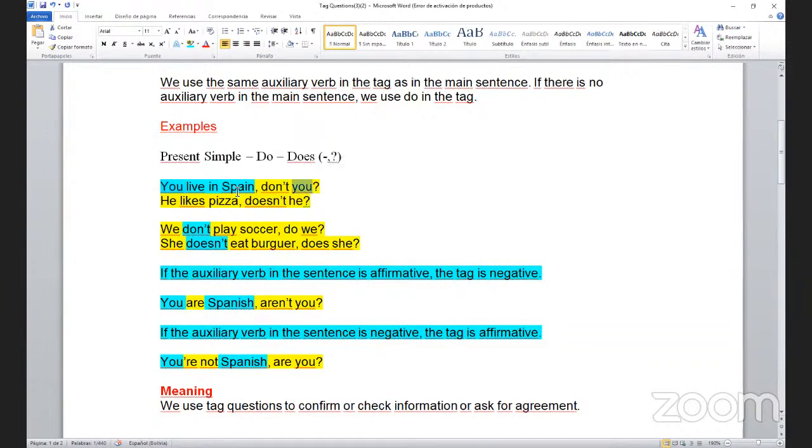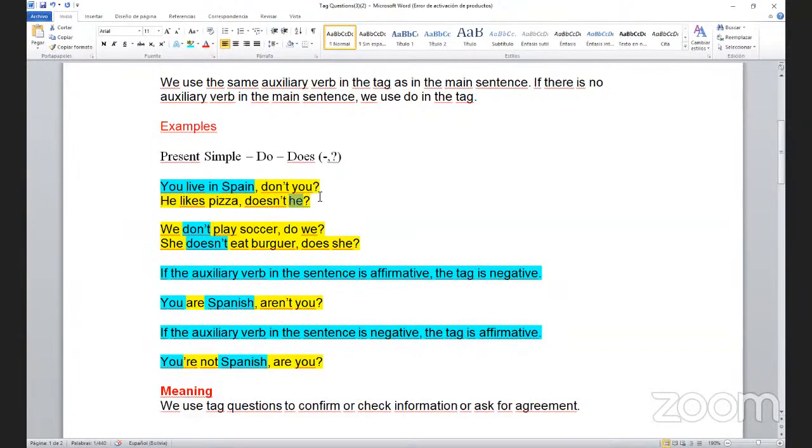Or if I am using the third person, if I say he likes pizza, this is affirmative because of the s in the verb and because this is third person. He likes pizza, doesn't he? Doesn't is the negative, and he is the subject.